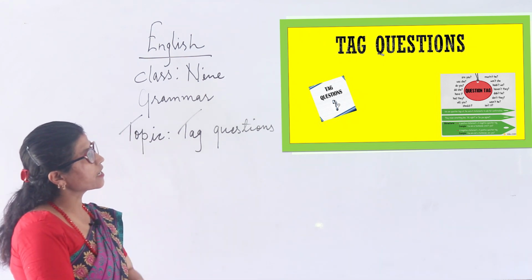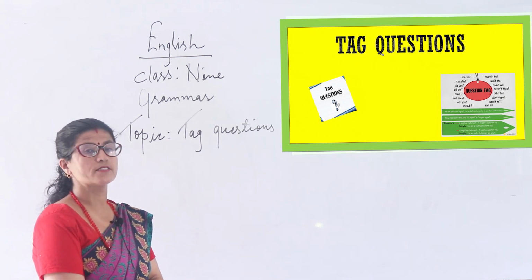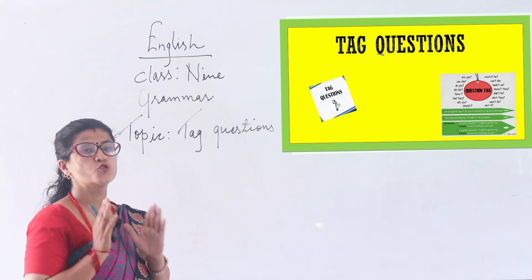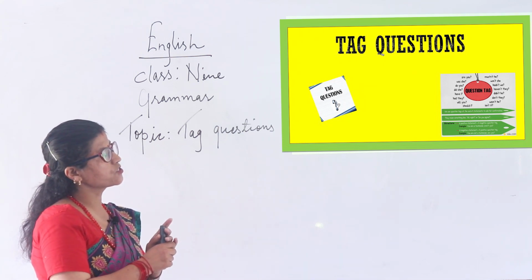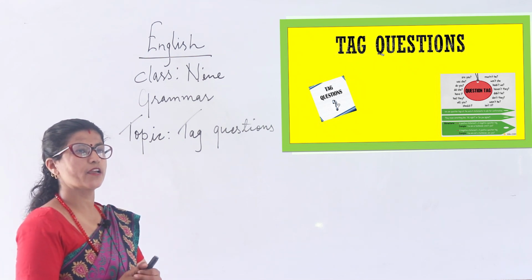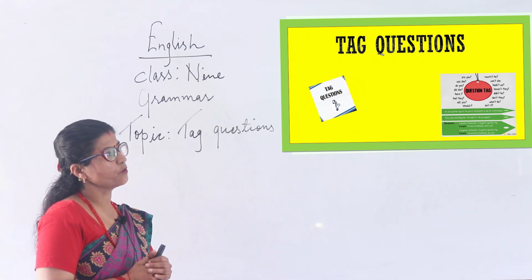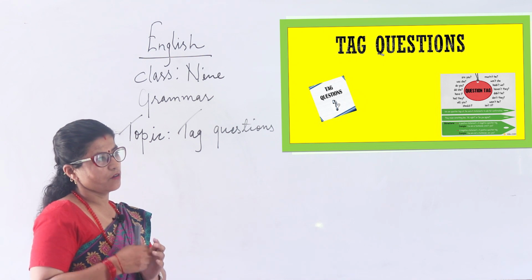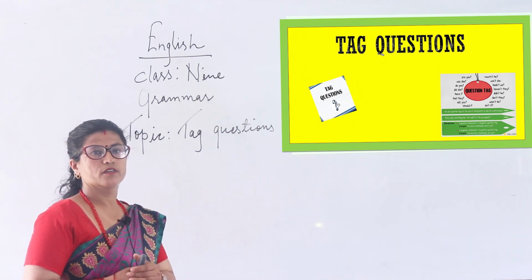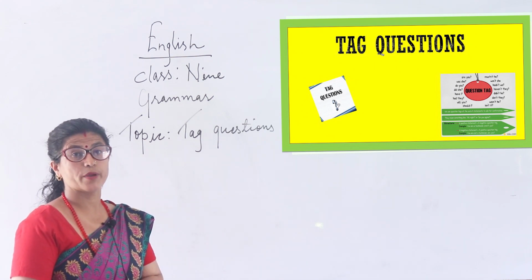A question tag is simply understood as a short question in which we find two parts. One is a statement, another is a short question. Like if I ask you, are you fine today? Where are you going? They are especially for information.